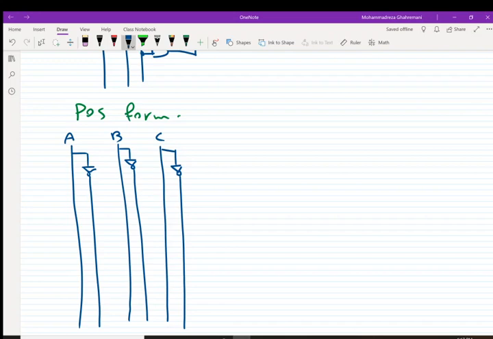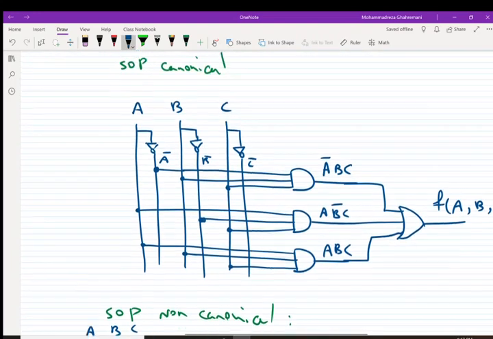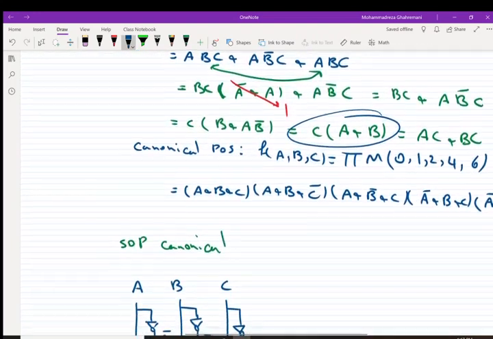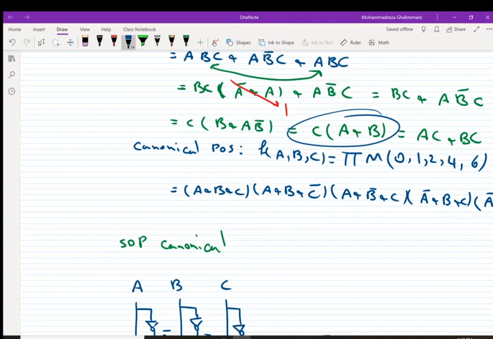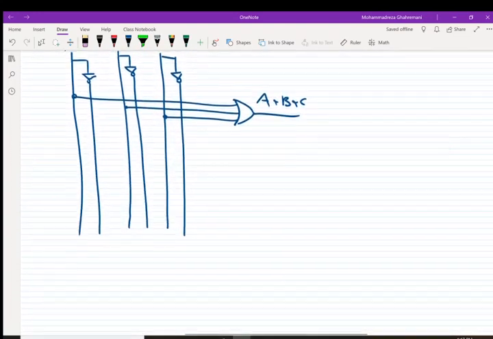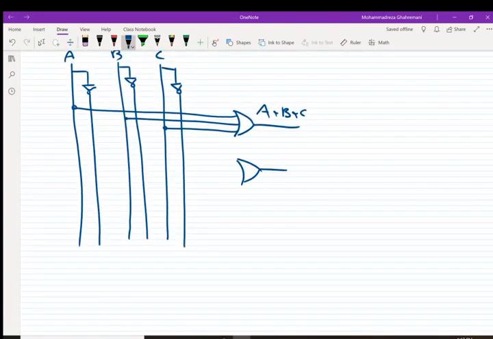The first term is A plus B plus C. So we get A, we get B, we get C. Where did I bring it? Here. The next one is A plus B plus C bar. So we get A, we get B, we get C bar.